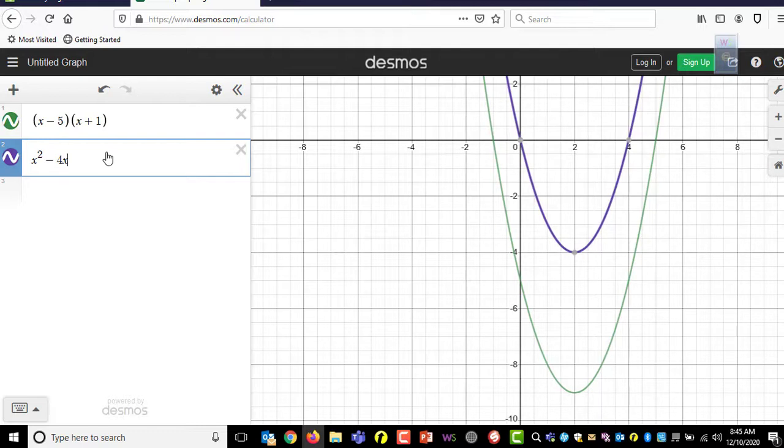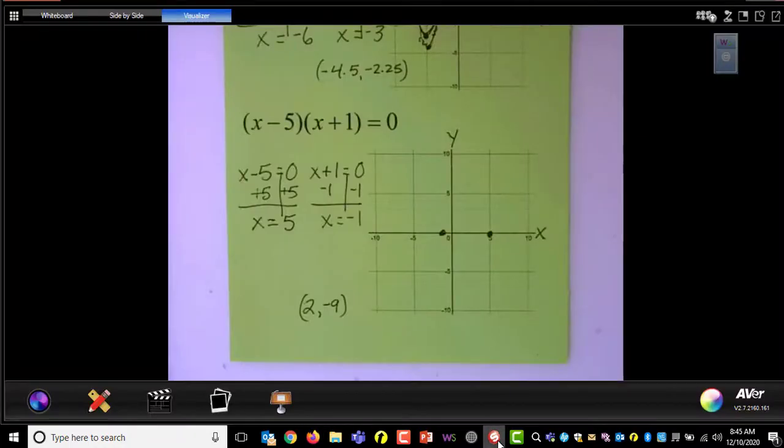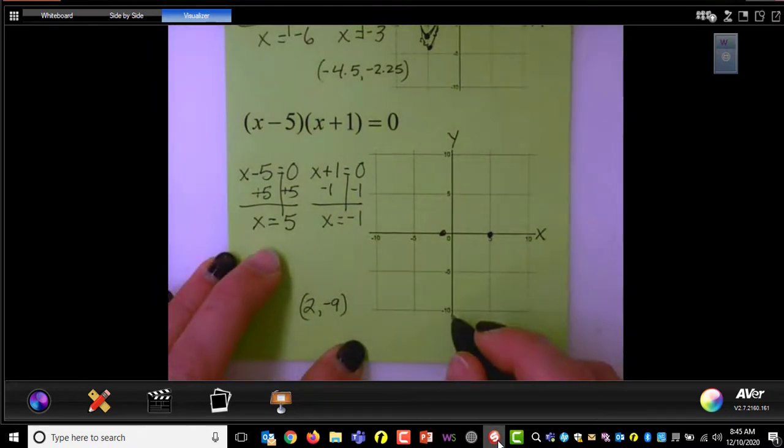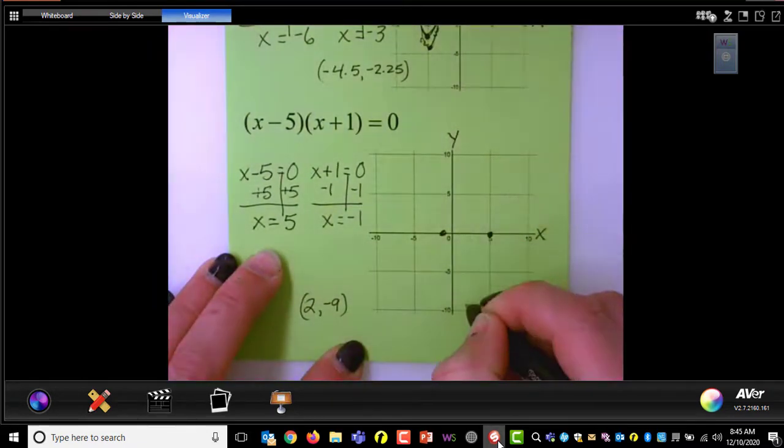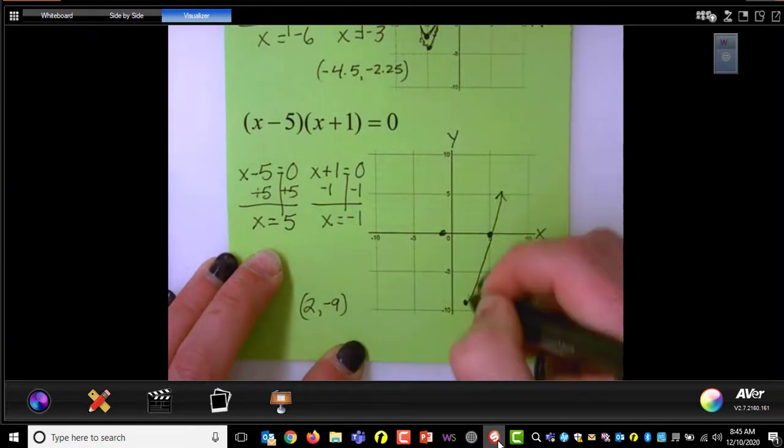The last term, -5 times 1, -5. And then I am going to just click again. So those are some important points that we end up having on the parabola. I'm going to go back to the notes and just make a sketch of that. So I'm at 2, -9, just to give me an idea how to sketch the parabola.